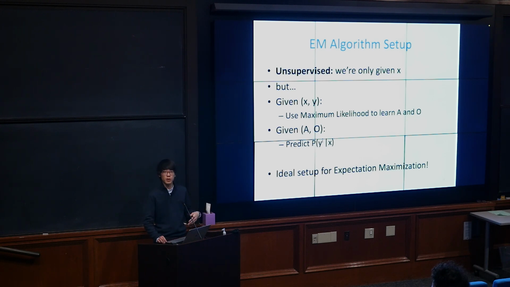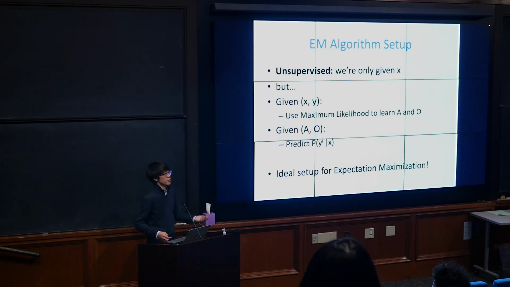But if we already had the emission and transition probabilities, if we had a trained model already, then given x, we could predict some y. So this is the chicken and egg problem that we're setting up, and this is the same formulation that allows us to use an expectation maximization algorithm to learn both of these parameters by alternating back and forth. And we saw that in previous lectures as well.